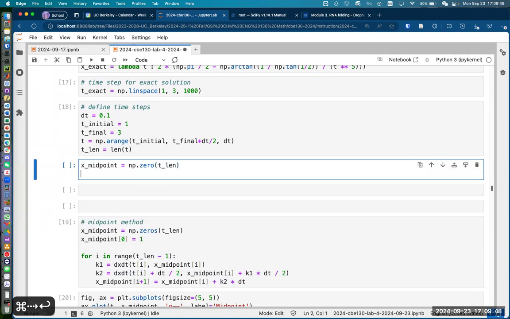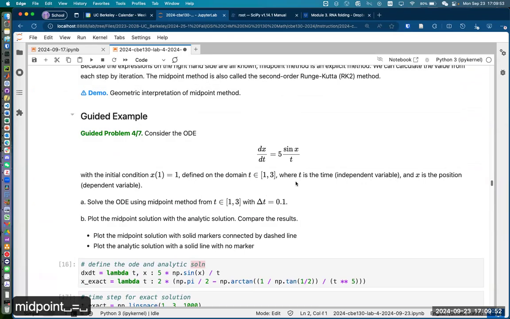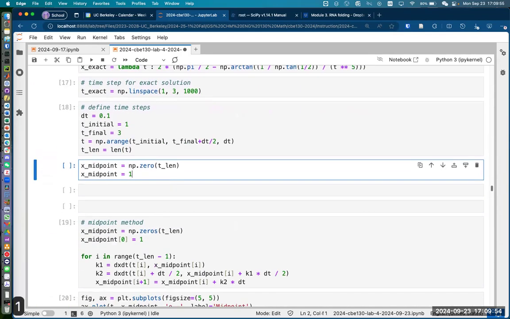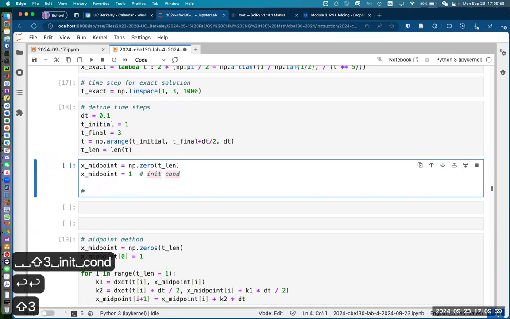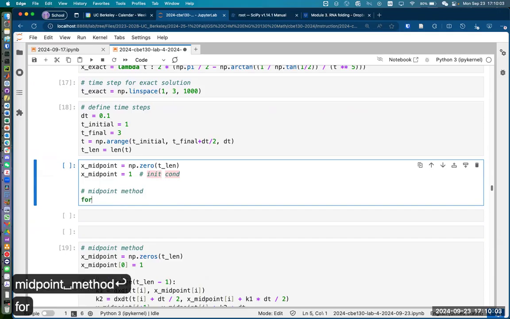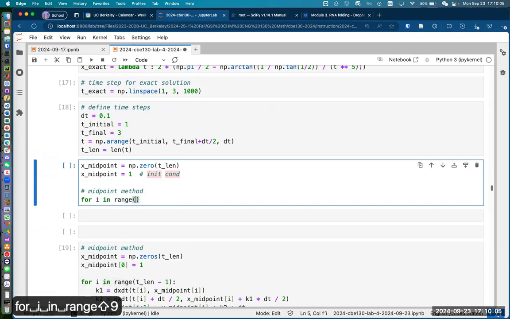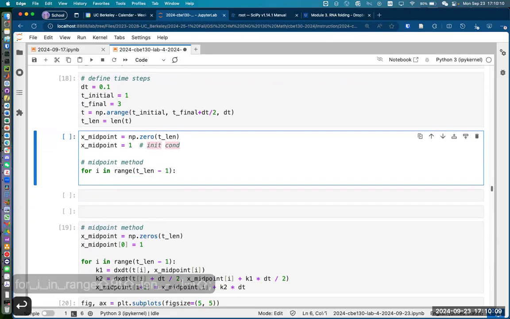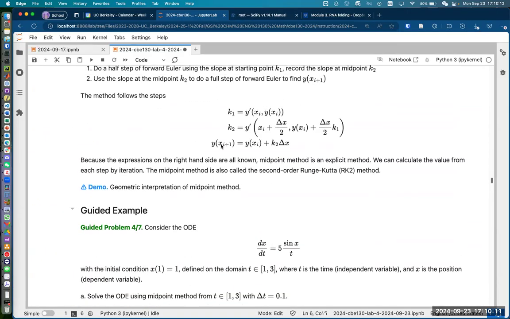And then we define the initial condition. So for the midpoint, the initial condition was x of 1 is 1. This is the initial condition. And then to start the midpoint method, we do a for loop for I in range t length minus 1. We'll calculate the k1 and k2.